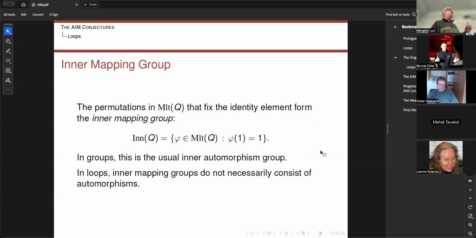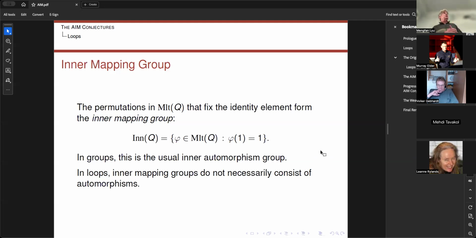Okay. Now, the main reason I needed that was not because of the multiplication groups themselves, but because I need the set of elements in them that fixes the identity element. This is what's called in loop theory the inner mapping group. Inner permutation group would have been a better word, but this is just traditional. So this is all of the things in the multiplication group, that group that we just talked about, that fix the identity element.